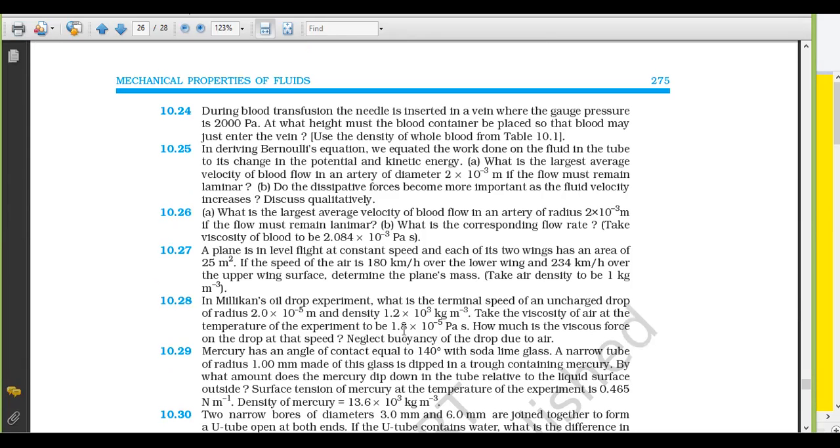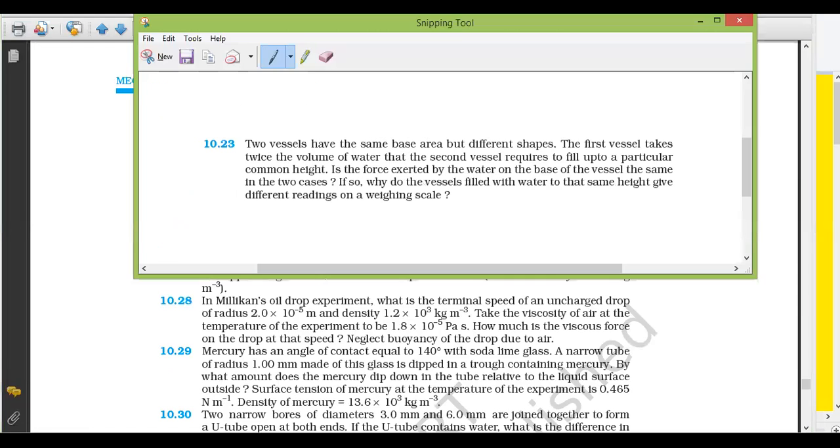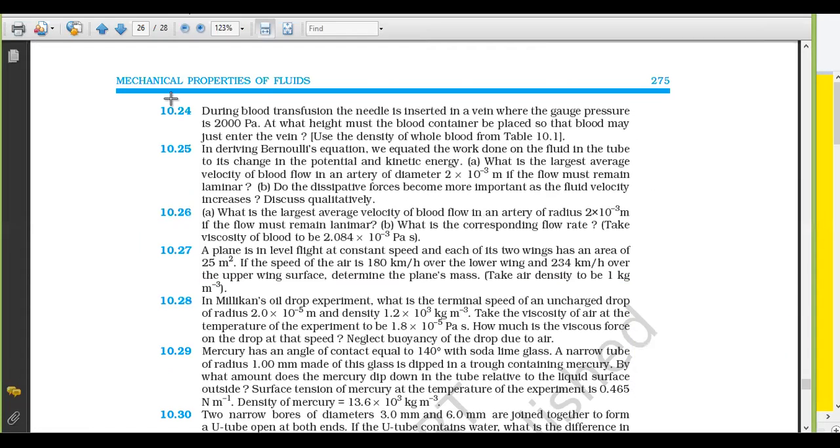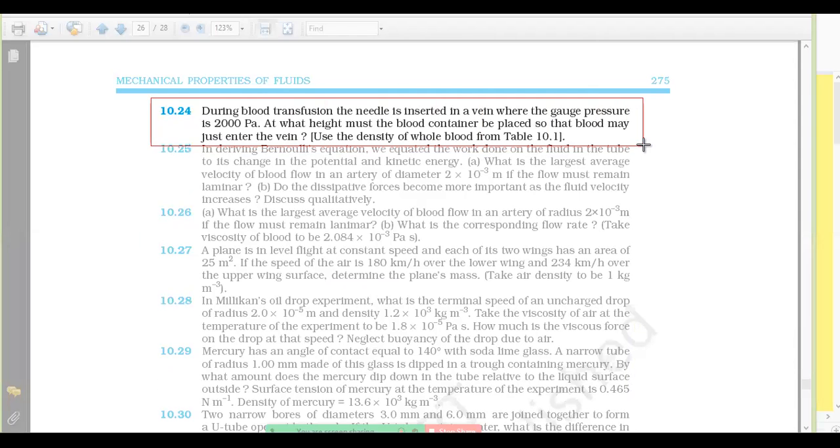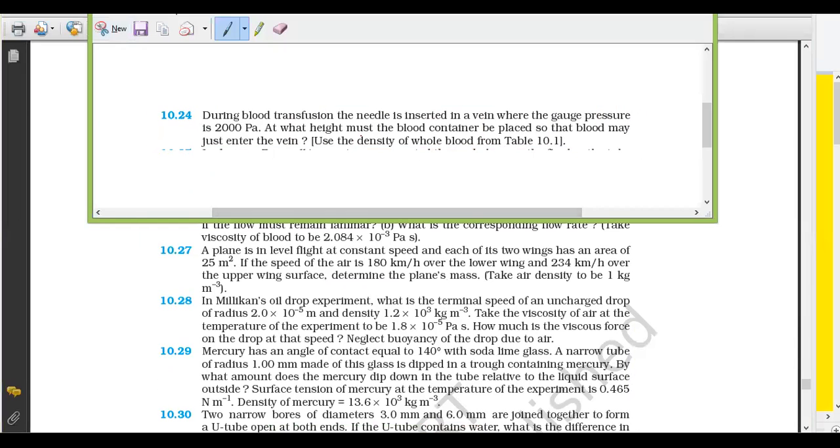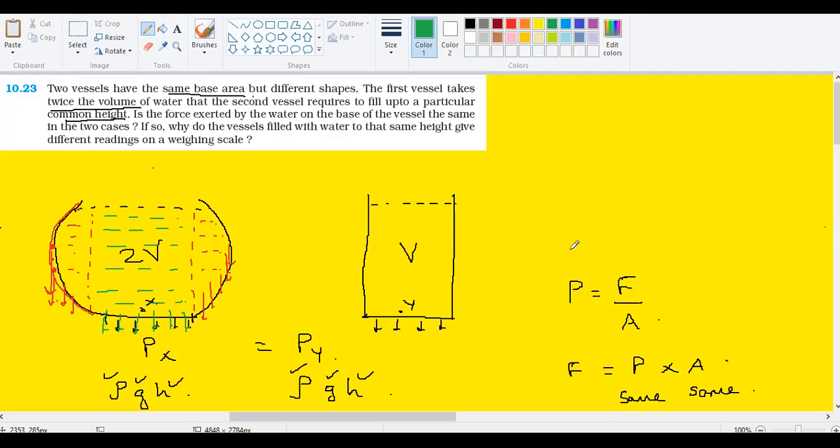Okay, so some of you who are biology students might like this kind of problems. So you understand how you can apply some physics concepts to biology related topics.